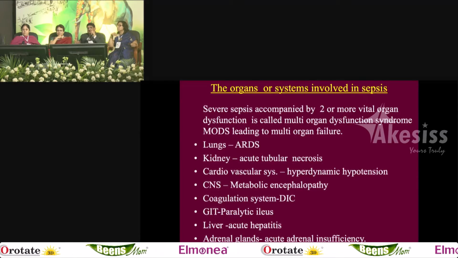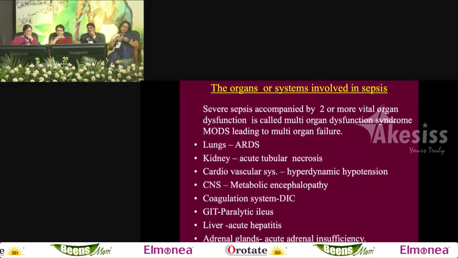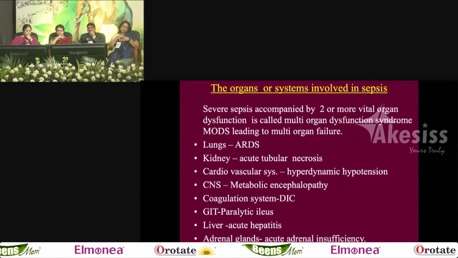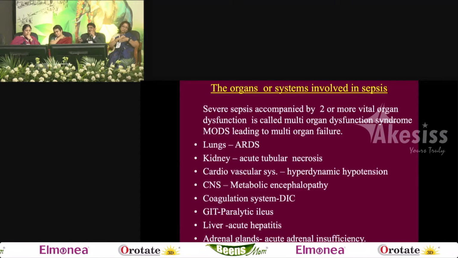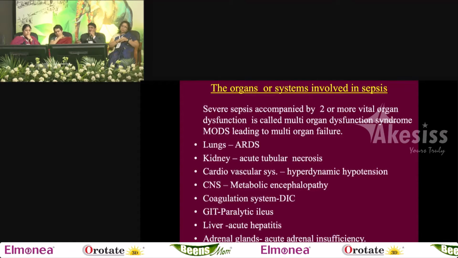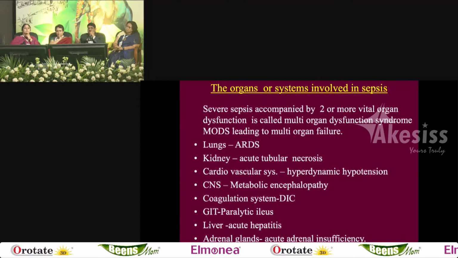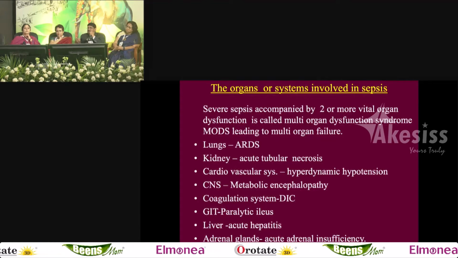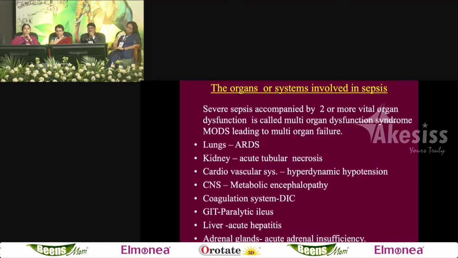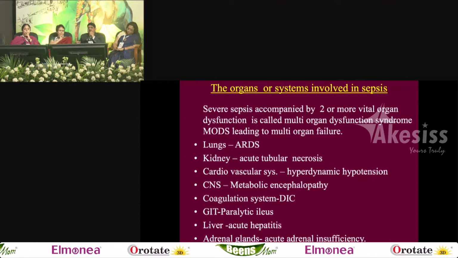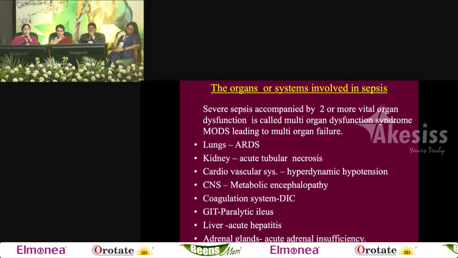Yeah. So if you look at the basic pathophysiology of sepsis, basically it is an inflammatory cytokine response where there is microclotting of all the organs, leading to organ hypoperfusion and organ dysfunction. So in the kidney there is acute ischemia causing acute tubular necrosis, or sometimes if it's an overwhelming infection, it can cause cortical necrosis also.